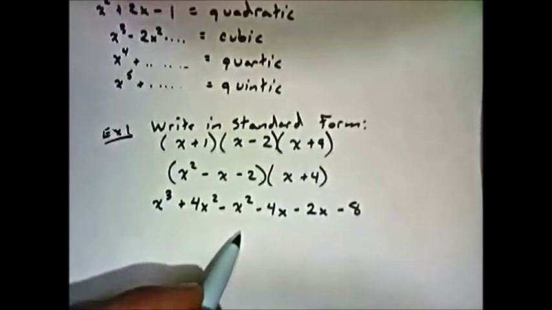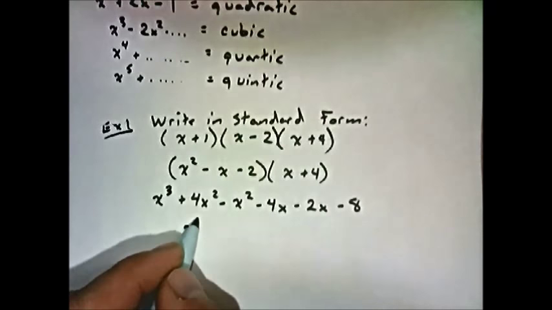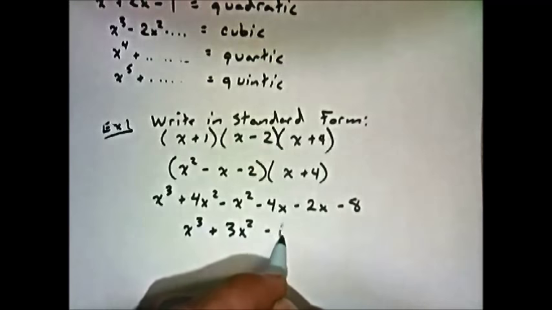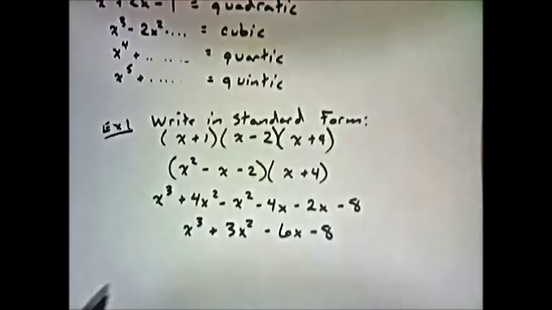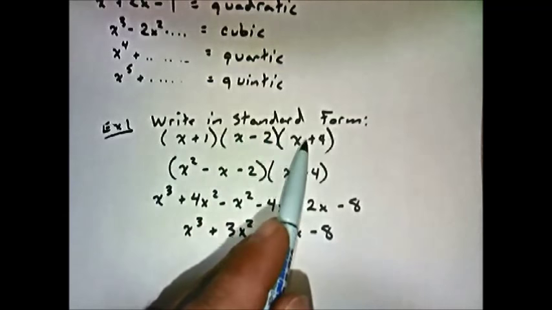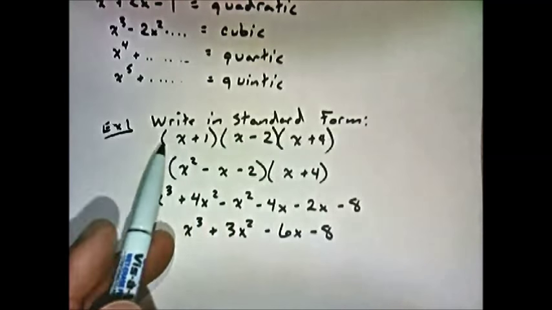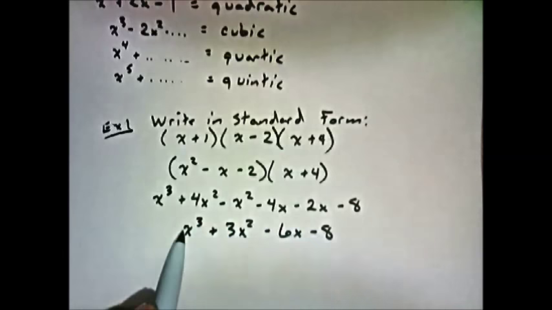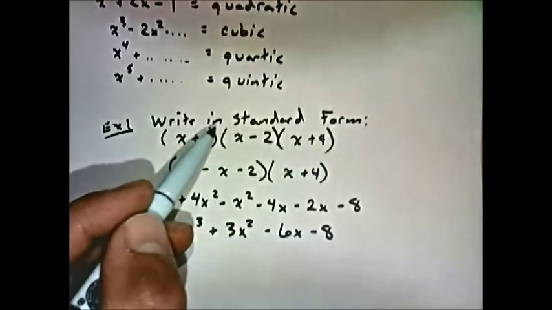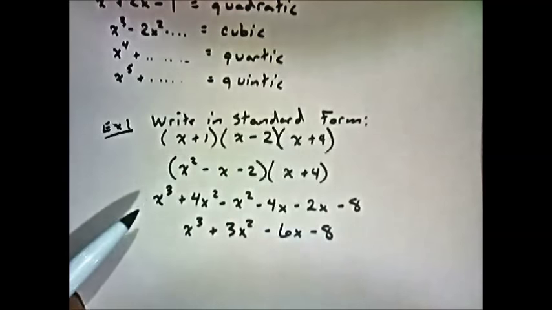We can combine like terms. So we have x to the third plus 3x squared minus 6x minus 8. So we can see that we started with 3 linear terms being multiplied together, and we ended up with a cubic function. Notice we multiplied x and x and x, and we got our x to the third.